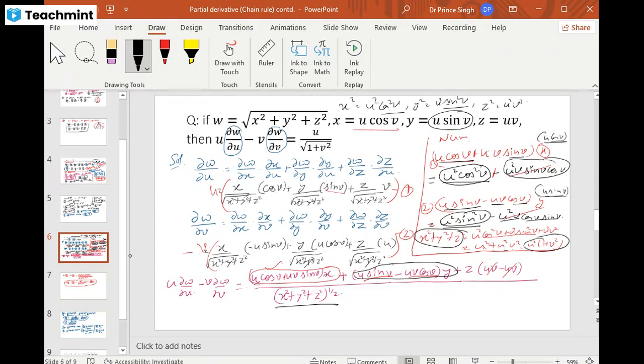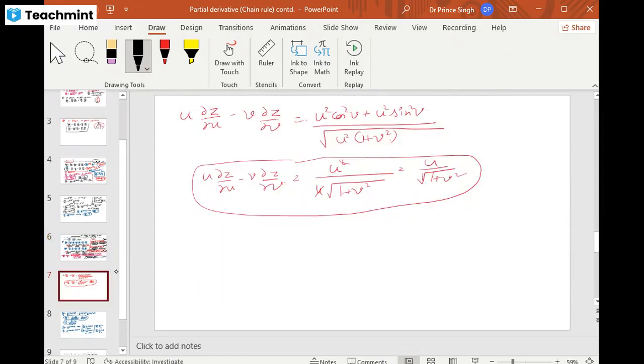But in the denominator, we have a square root of this whole term. So the square root of x square plus y square plus z square is equal to the square root of u square into 1 plus v square. So this is u times the square root of 1 plus v square. So in the numerator we get u square cos square v plus u square sin square v, and in the denominator we have this term.